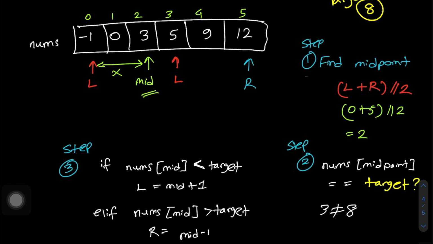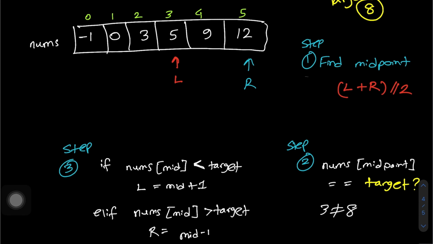So now let's go with the second iteration. The mid and the left pointer will now change, because we have changed the pointers after step 3, and all of this will go in a loop, as you will be shown in the code. Then we move on to the first step. What was the first step? It was finding the midpoint. So what would the midpoint be right now?